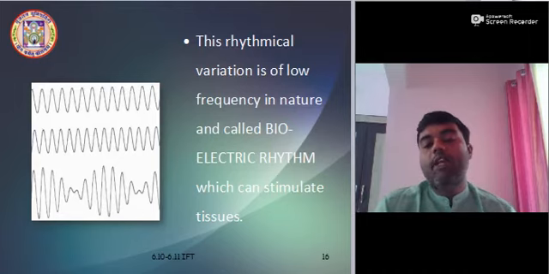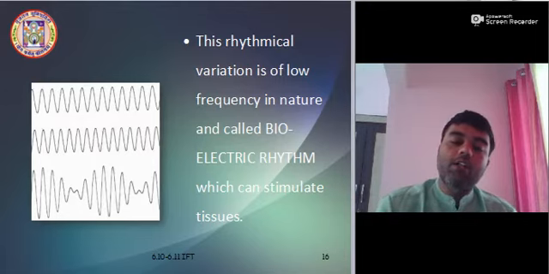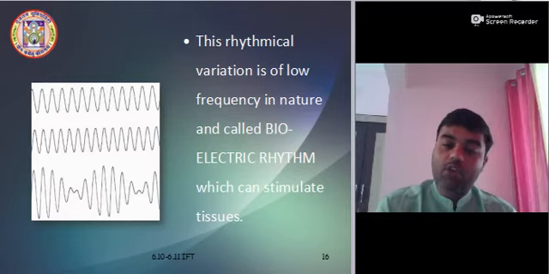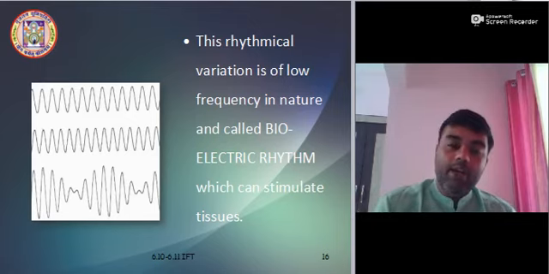This rhythmical variation is of low frequency nature and is called bioelectric rhythm, which can stimulate the tissue. So this is the introduction of the IFT.